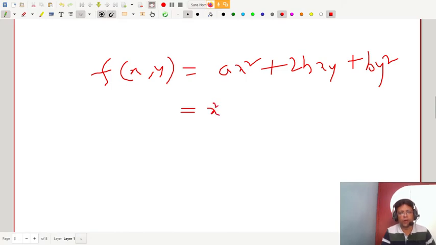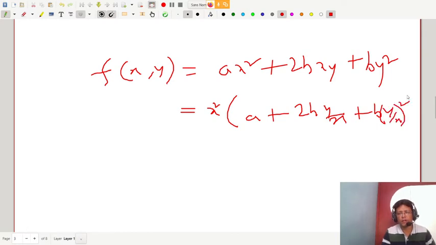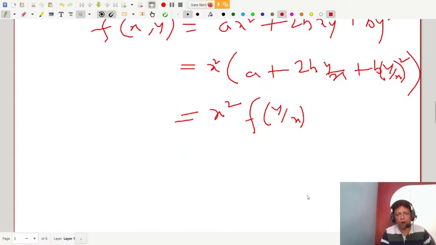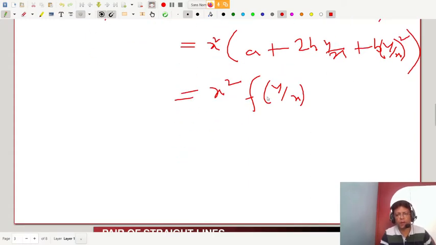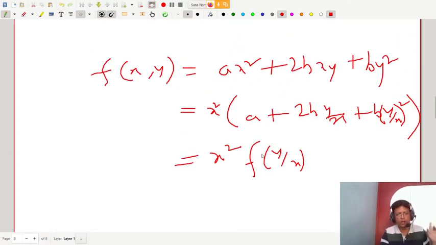You can take x squared common, so you can write x squared times a plus 2h y by x plus b y squared over x squared. So you have the form x squared times a function of y by x. If you write any function in this form, x squared times a function of y by x, that is a homogeneous function of degree 2 because of this power 2.